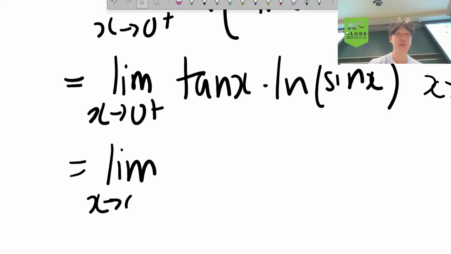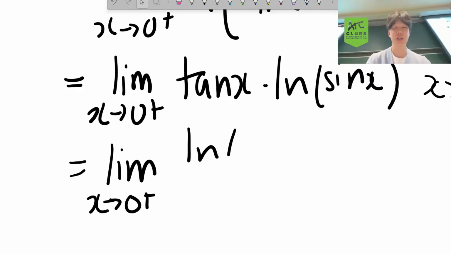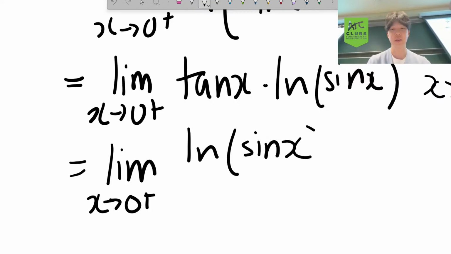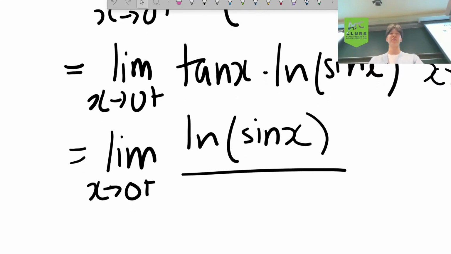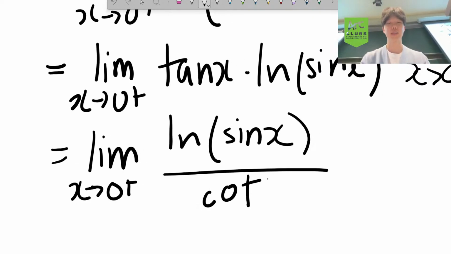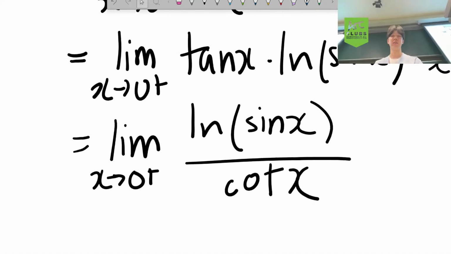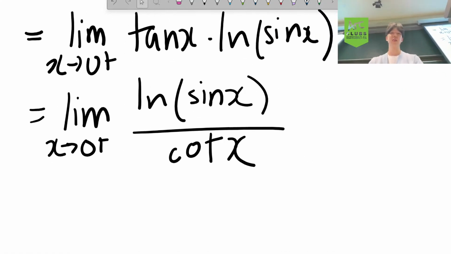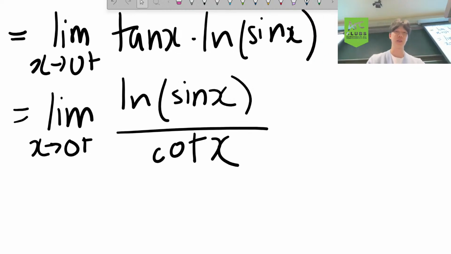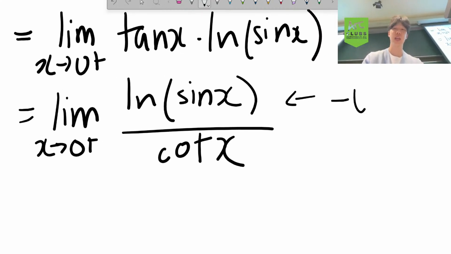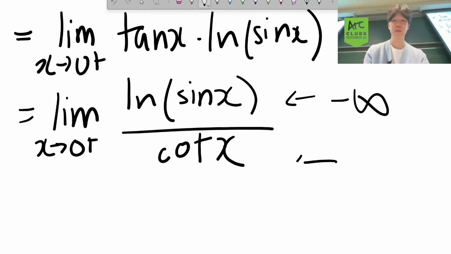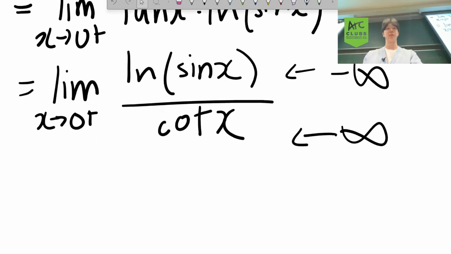I can turn it into a fraction like so. We know cot x is 1 over tan x, so tan x should be 1 over cot x. And now we have a fraction. If I try subbing in x is 0, this becomes negative infinity, while the bottom becomes infinity if you look at the graphs.